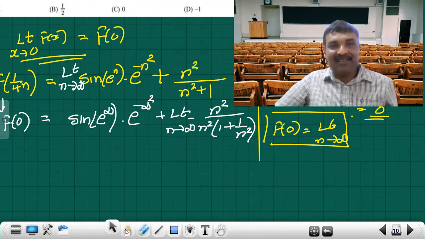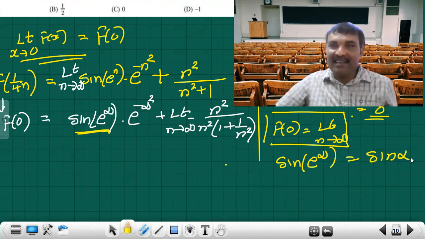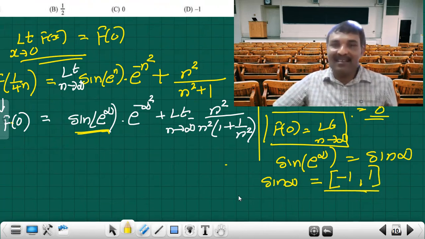So consider this term, sine of e raised to infinity. The value of e is 2.7, which is greater than 1, so sine of e raised to infinity is equal to sine infinity. What's the value of sine infinity? Sine infinity means any value between minus 1 and 1. This is the sine graph.